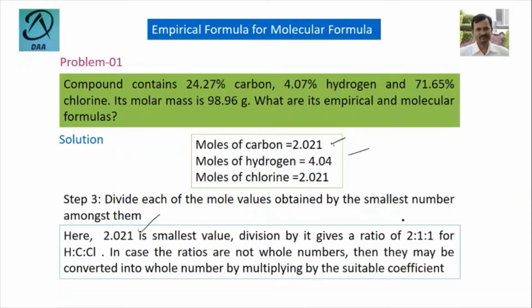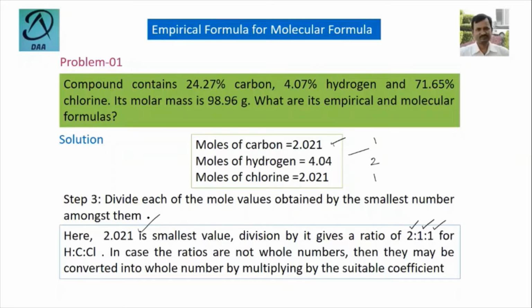In this way, carbon will be 1, hydrogen will be 2, and chlorine will be 1.